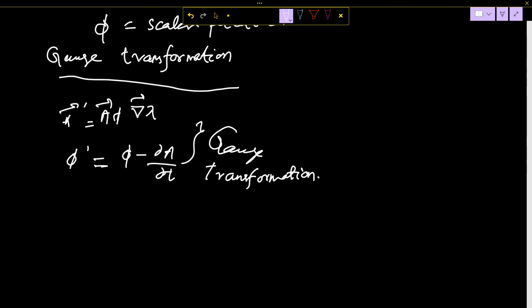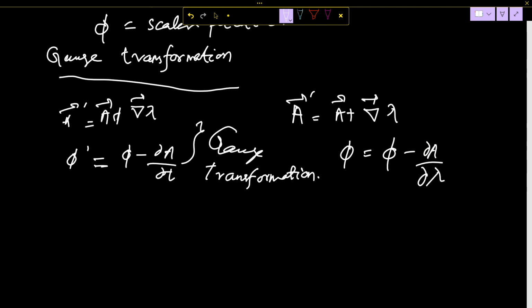I will write it again. A dash is equal to A plus del lambda. Phi dash is equal to phi minus del lambda by del t.